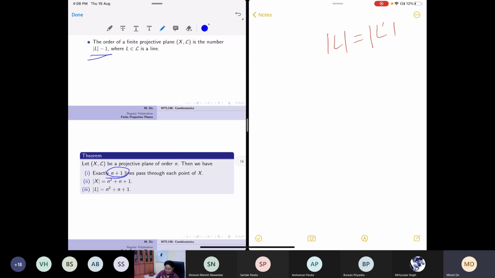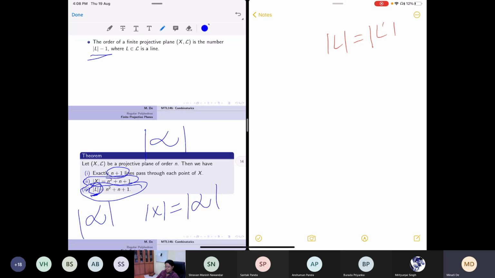Not only that, the number of points you have in the finite plane, that also you can count, and this number is n square plus n plus 1. And surprisingly, the number of lines is also the same. So cardinality of X is the same as cardinality of, okay, this should not be L, this should be basically cal L. So number of lines is the same as, this is wrong, this should be L. I'll make a correction before uploading it.